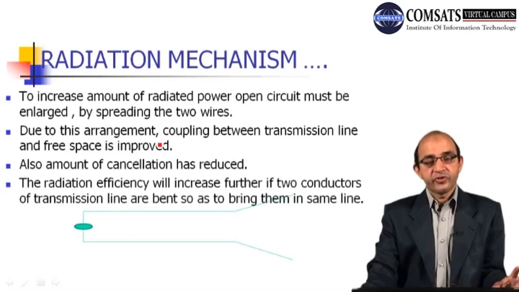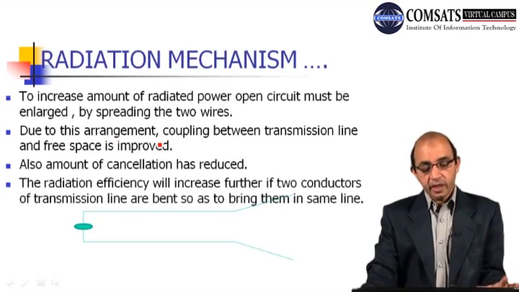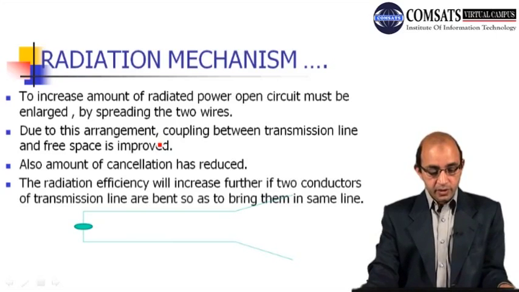As a result of this arrangement, the coupling between the transmission line, that is a metallic conductor wire, and the free space is increased, and as a result more energy escapes from the system, or we have very little cancellation. So the cancellation is reduced, right, and the radiation efficiency will increase further if the two conductors of the transmission line are bent so as to bring them in a small line.